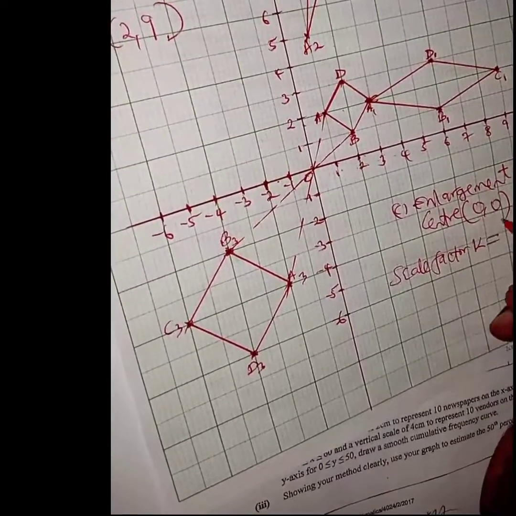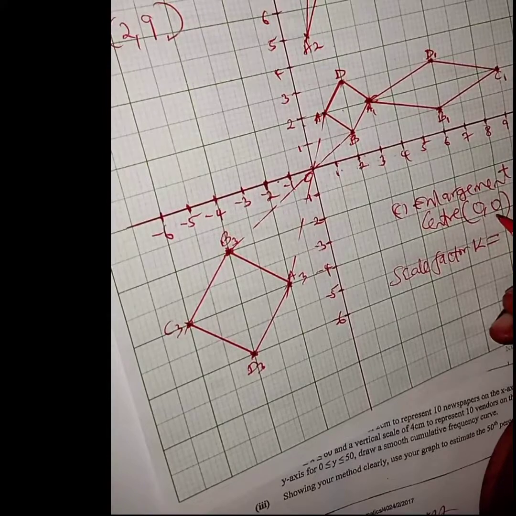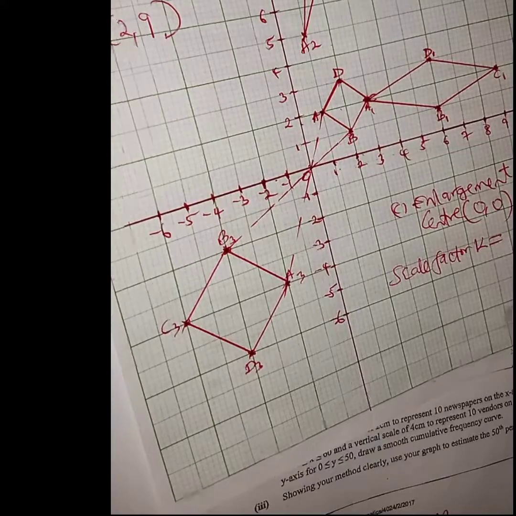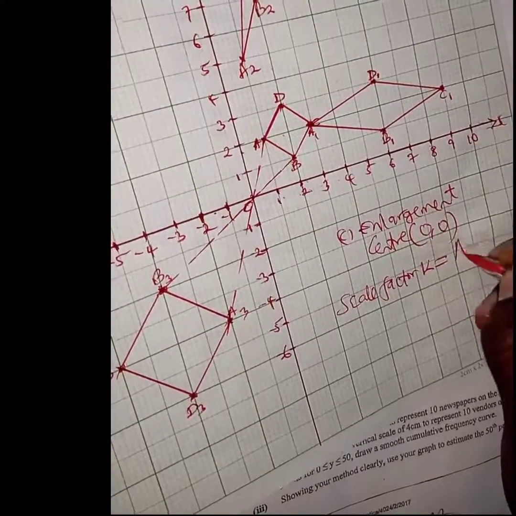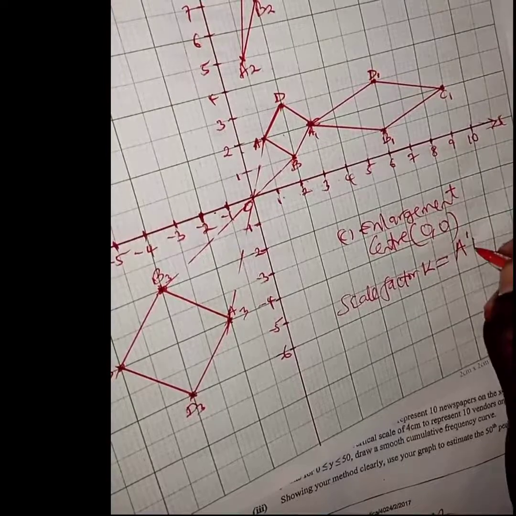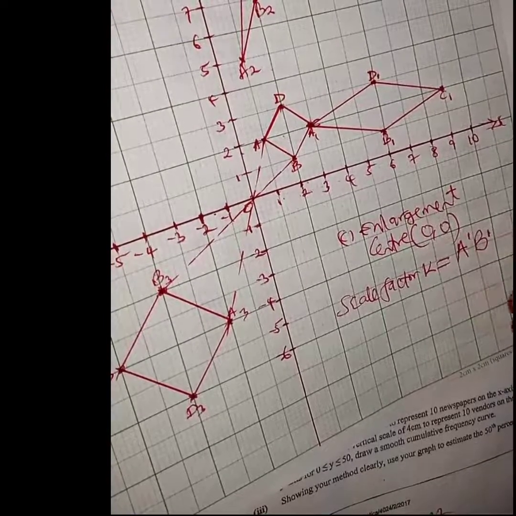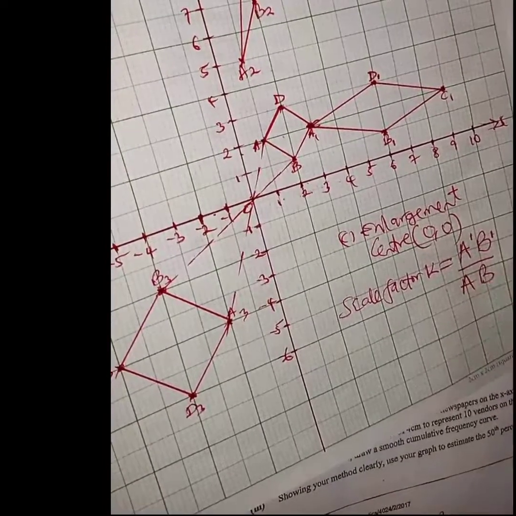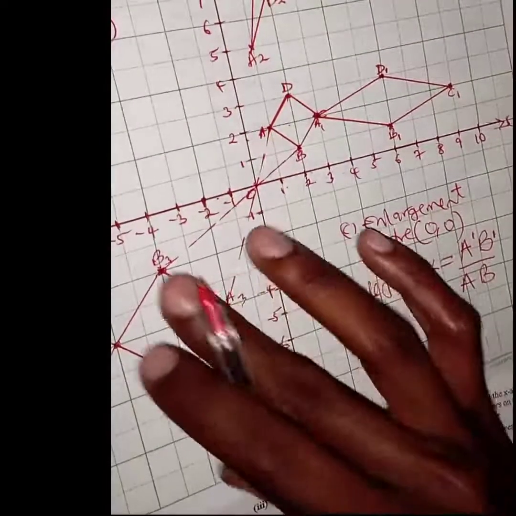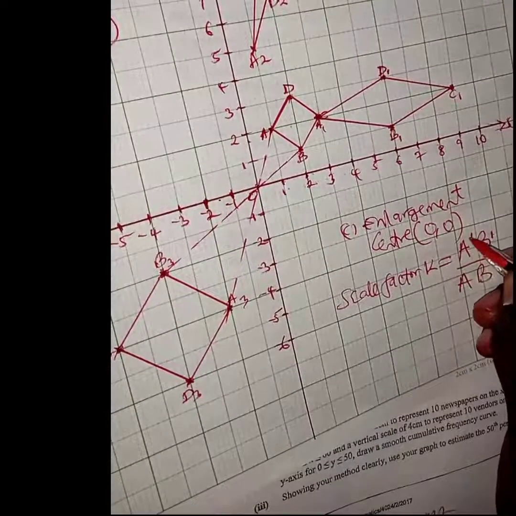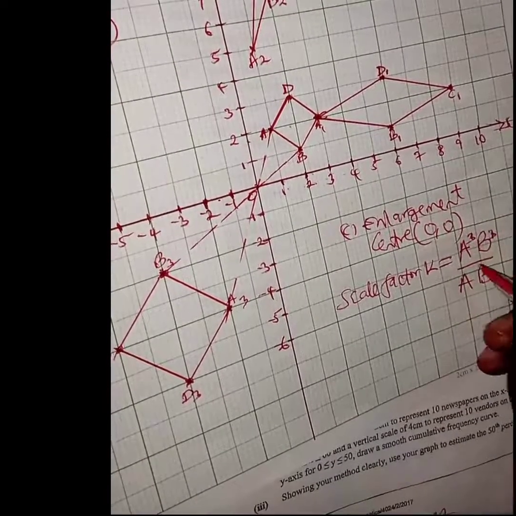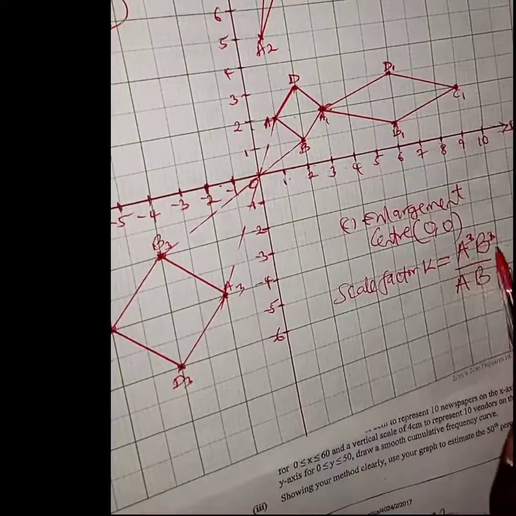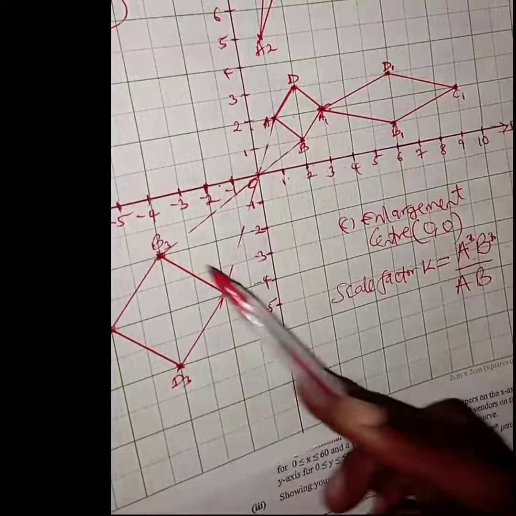Scale factor K, what is the method for finding the scale factor? You can just get any 2 points from the image, A image to B image, over A object to B object. In this case, the images are labeled 3, 3. Here it was put under, it is fine. So from A image to B image, you can choose any letter, C to D image, whichever, B to C image.